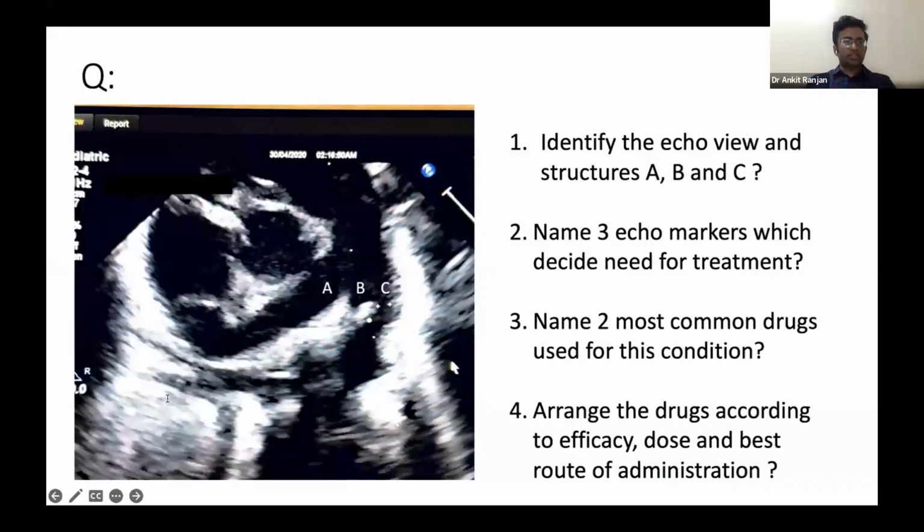Keep on entering your answers in the chat box. Okay, many have entered the answers, the 2 most common drugs used for these conditions.